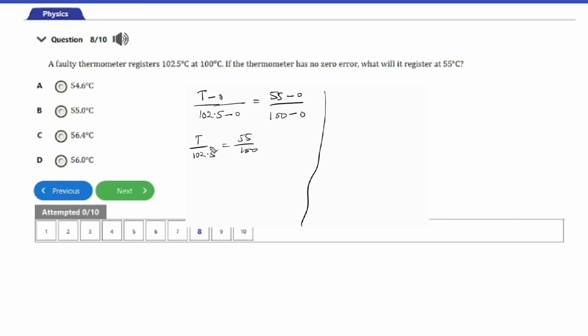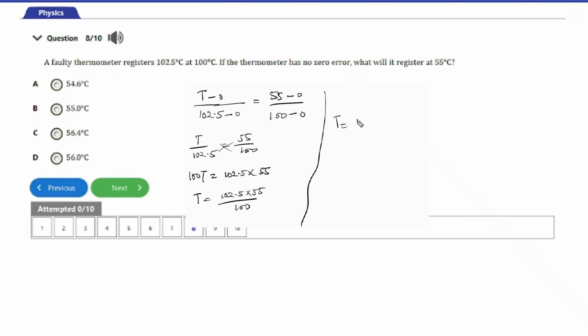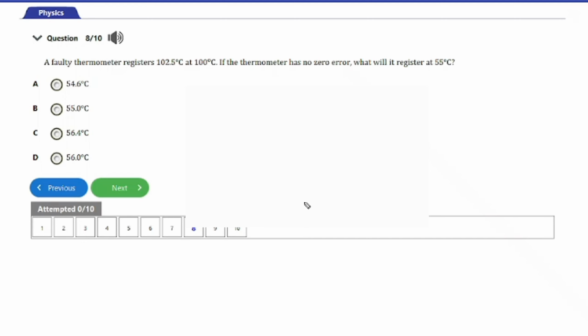So in that case, if we want to make T the subject of this equation, it means that T times 100, that's 100T, is equal to 102.5 times 55. So in that case, T is equal to 102.5 times 55 over 100. That will give us 56.4. So that's it for this question. Option C is the answer to this question. So let's go ahead and consider the next question, guys.